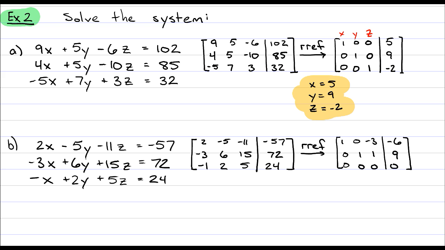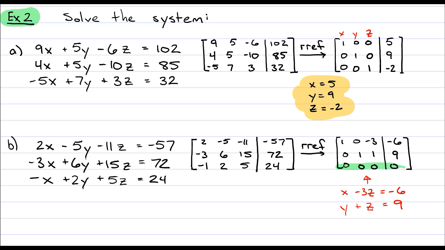So looking at this bottom row, I can see that this is a dependent system. The two equations that I have looking at the terminal matrix are x minus 3z equals minus 6, and y plus z equals 9.